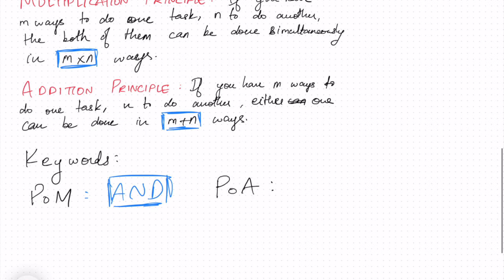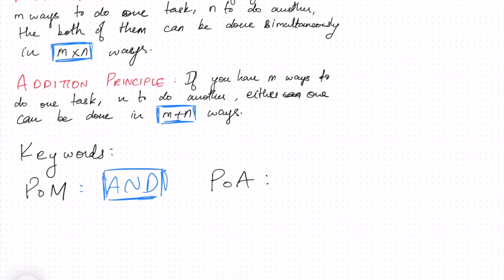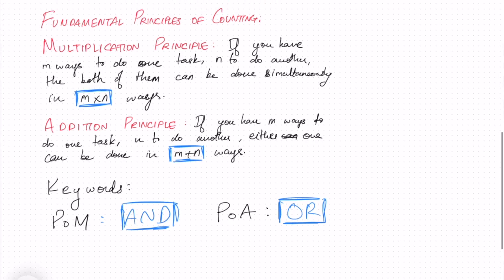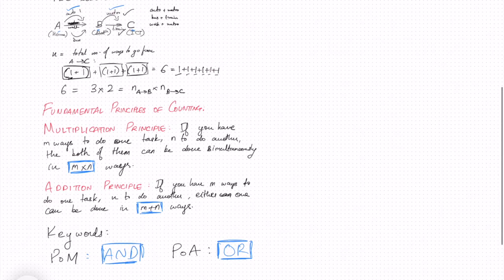And the addition principle. For this, what do you think the keyword should be? It should be "or", right? If I have to do either one of the tasks, or if I have 1, 2, 3, 4, 5, 6, 7, or so many tasks, I have to do either one of them. I must add all the individual cases.